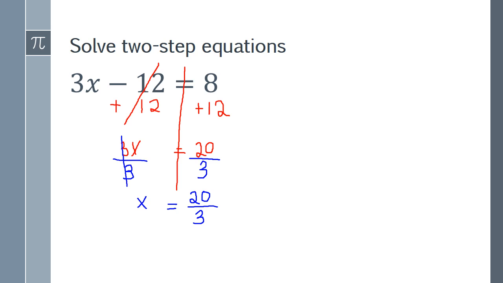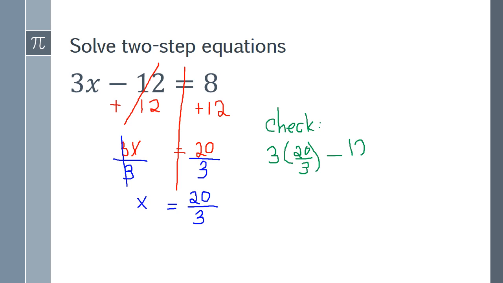So to make sure that our answer is correct or not, all I need to do is to do the check. And again, the check is basically substituting the x value in the equation. So I'm going to have 3 times 20 over 3 minus 12.